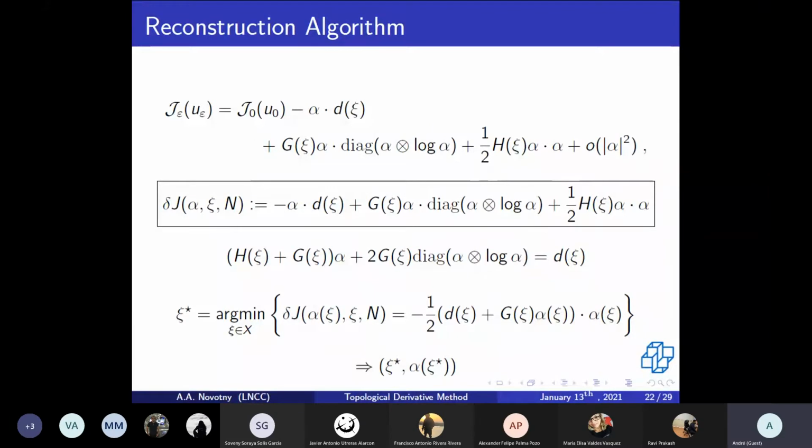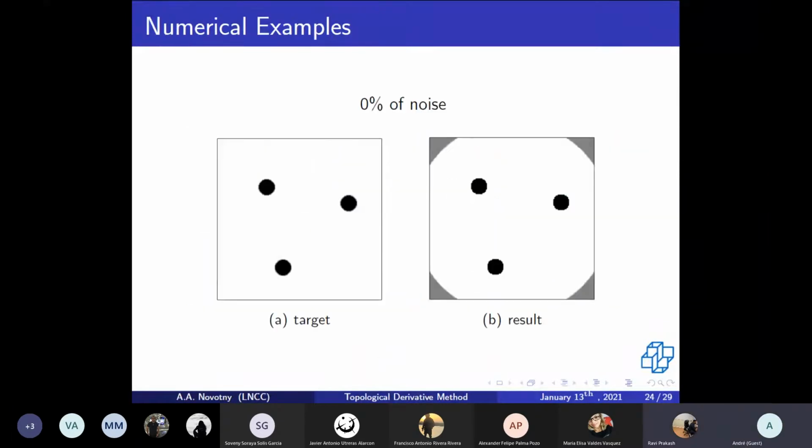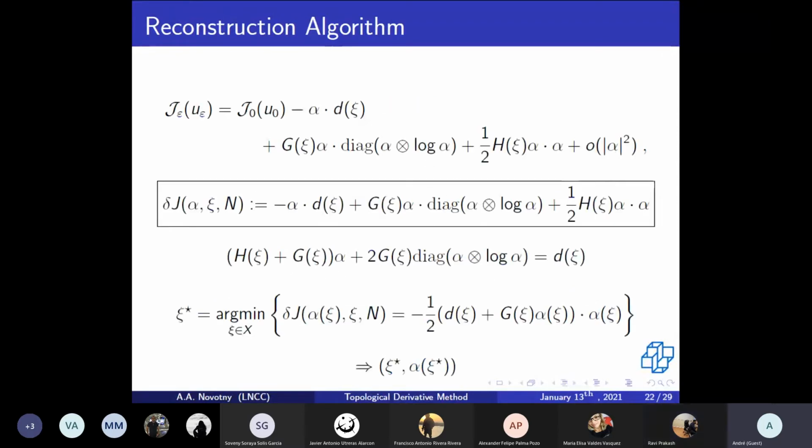Then after solving this one, we have the optimal location. That's all. So after solving this simple optimization problem, we get the anomalies here, which is somehow an exact reconstruction, provided that the remainder here is small.